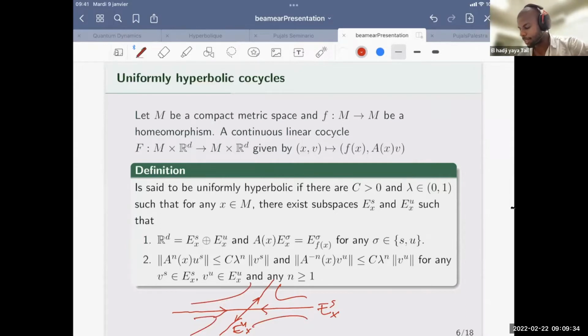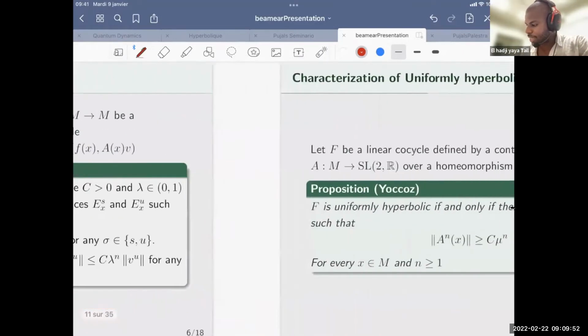So this is a very nice definition, but it is very difficult to use because you have to prove that a cocycle is uniformly hyperbolic. You have to find candidates for the subspaces, and also check that this estimate holds. But for SL2 cocycles, we have a very nice characterization.